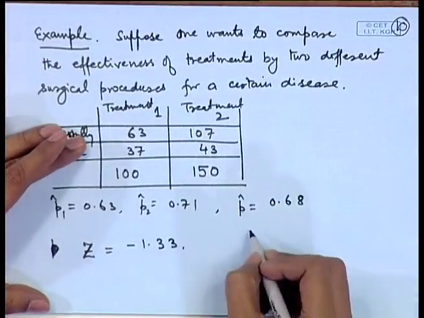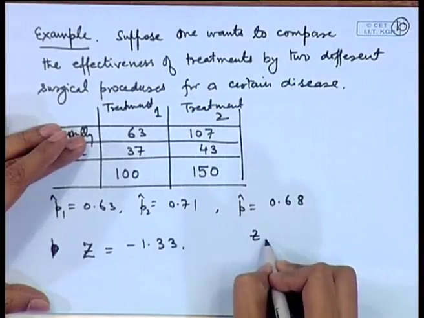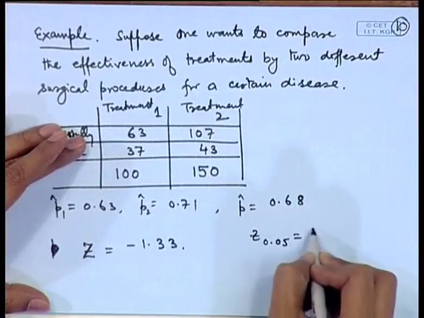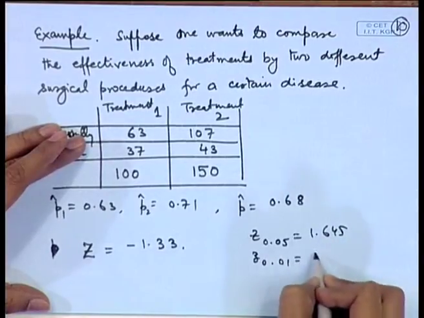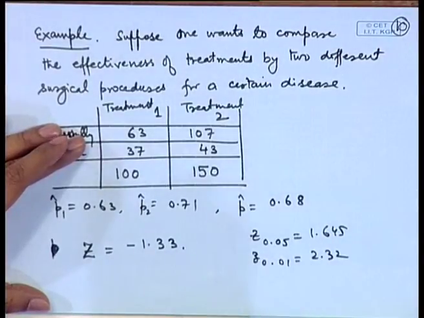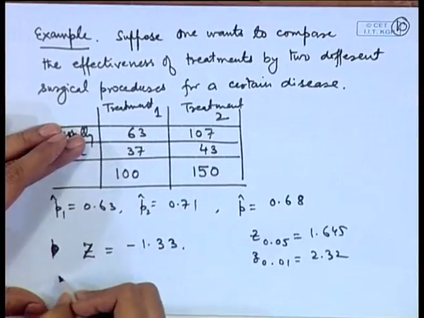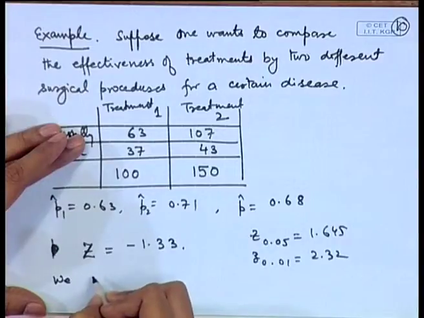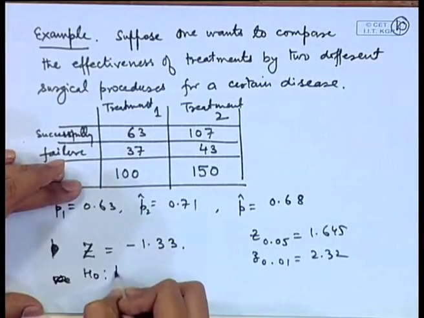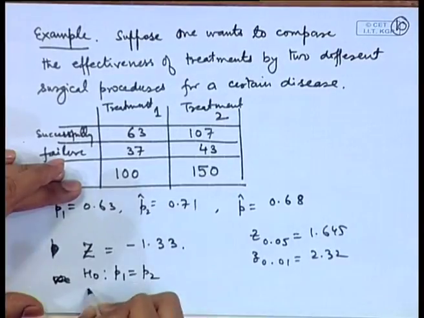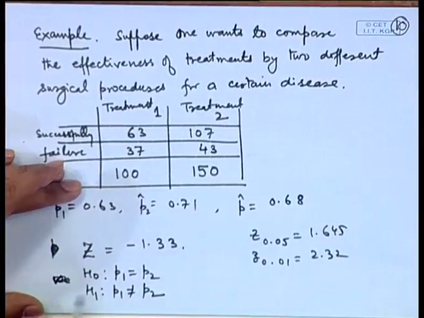If we are considering any reasonable level of significance, say z 0.05, that is 1.645, suppose I take z 0.01, that is 2.32, etc., then you can see that if we consider, say, hypothesis H0: p1 is equal to p2 against, say, H1: p1 is not equal to p2.